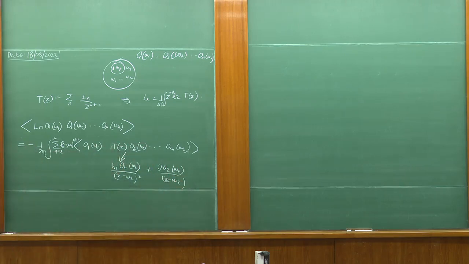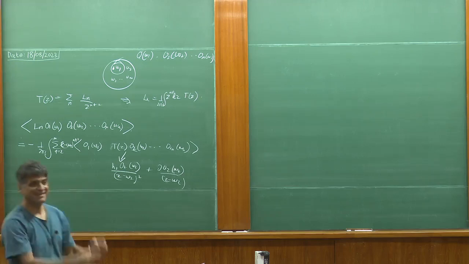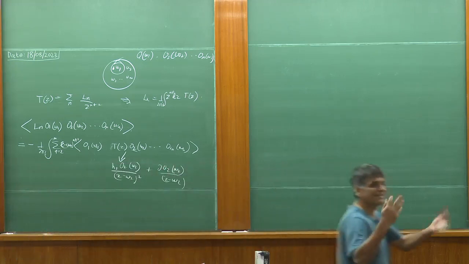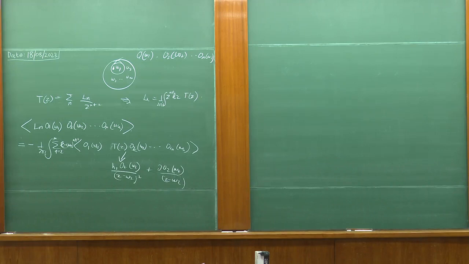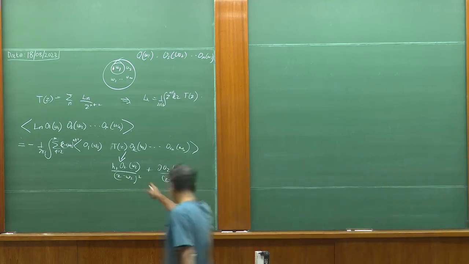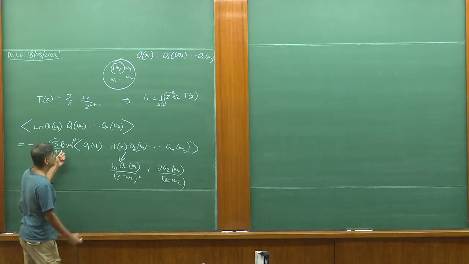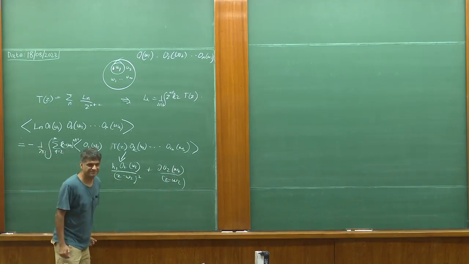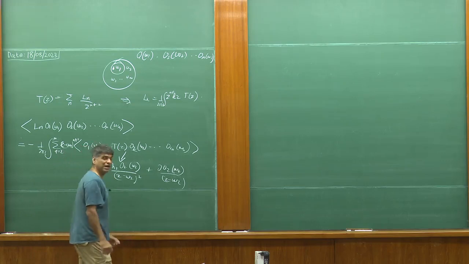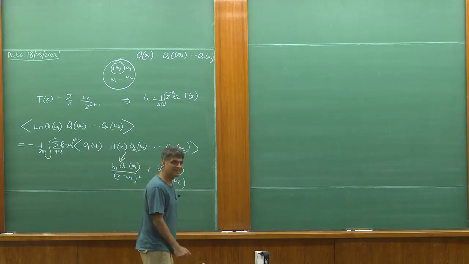But we're only going to pull out a pole, so anything that's not singular as z goes to omega 2 will not contribute, so the higher order doesn't contribute. Okay, and now we've got a Cauchy integral. All the dependencies on z are explicit. So we just want to pull out the pole.